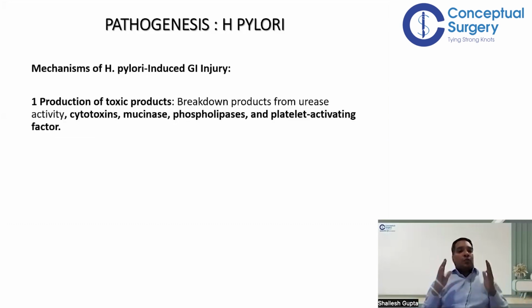So now the next question is कि H. pylori कैसे GI injury cause कर रहा है? So there are 4 mechanisms. Number one, production of toxic products. So basically the breakdown products of urease activity, cytotoxin, mucinase, phospholipases, and platelet activating factors are basically byproducts of the bacterial activity, and all this leads to injury, right?